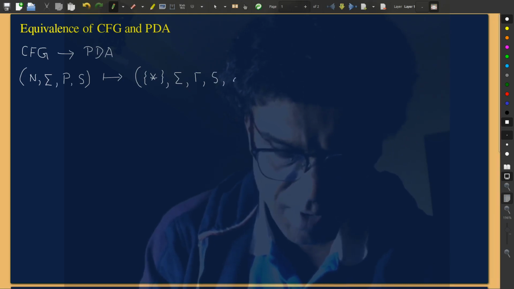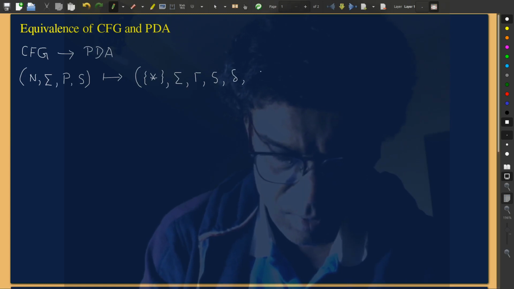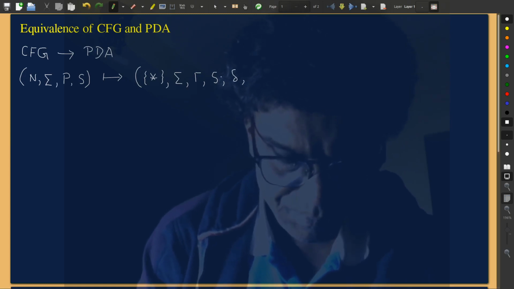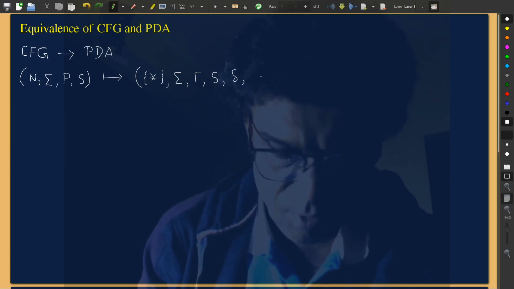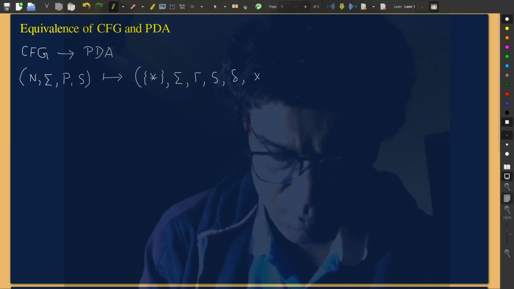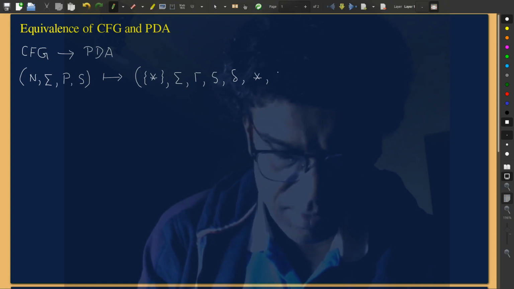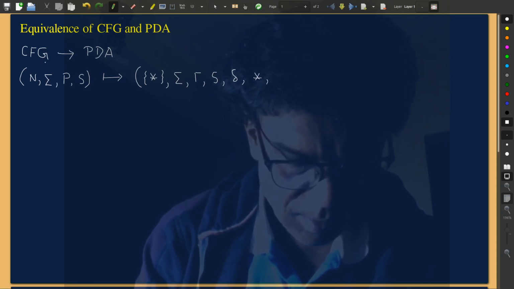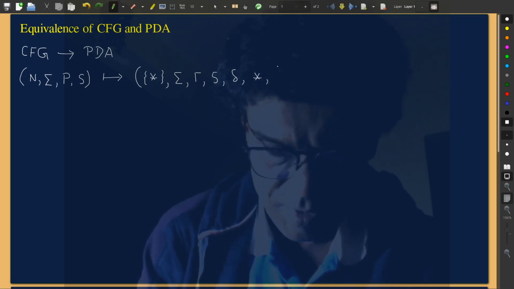Delta I will define. Definitely this is the only state, and therefore this has to be the start state. And this converted PDA accepts by emptying its stack, so I do not need to take anything as a final state.